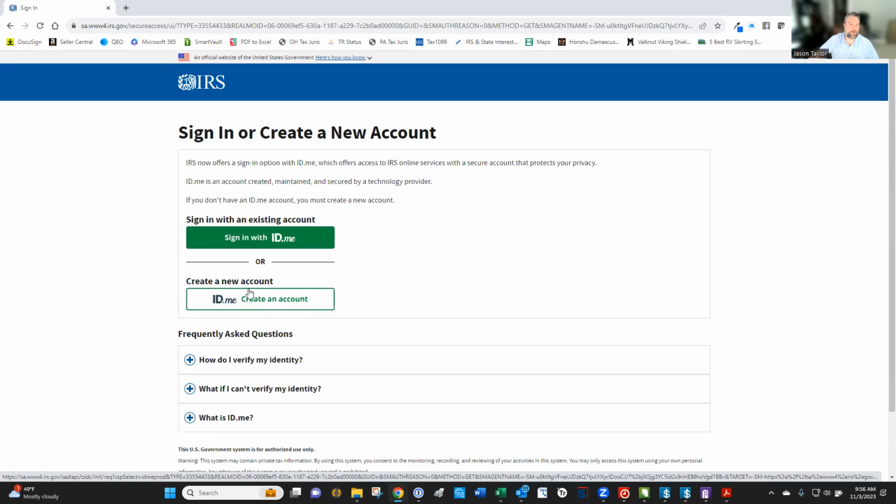So this is new from probably about a year to 2 years ago. This is how you log into all government websites now, or all federal government websites, I mean. So you're going to click on the ID.me, create your account. It's going to verify your information, and then it will link your ID.me account to the IRS, and you'll be able to access all of your transcripts and your account balance, and that's also where you will go through to apply for a payment plan.